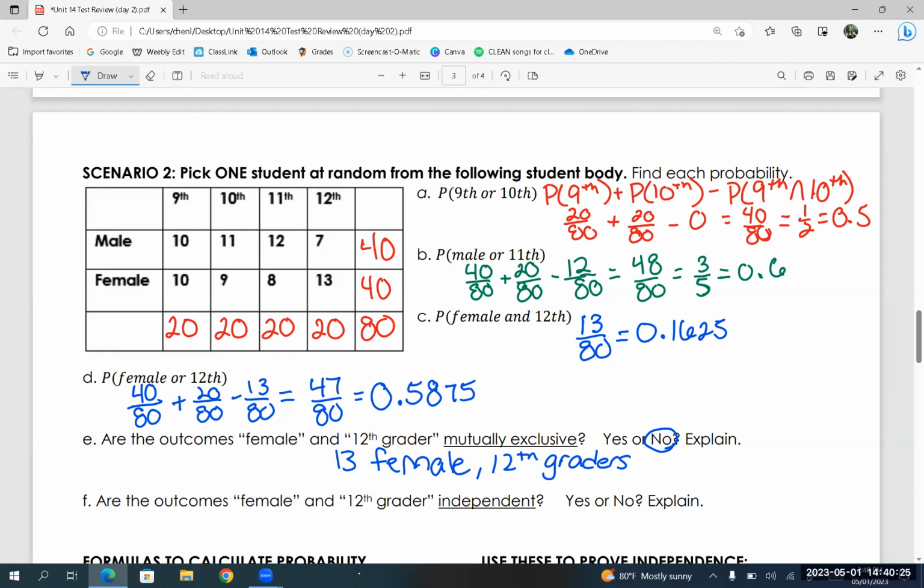Okay, part F, are the outcomes female and 12th grader independent? Yes or no? So we could check this out using our and formula. Let's see if the probability of female and 12th grader is equal to the probability of female times the probability of a 12th grader.